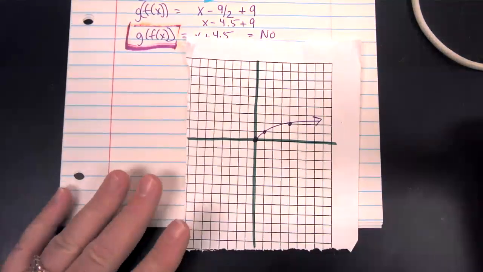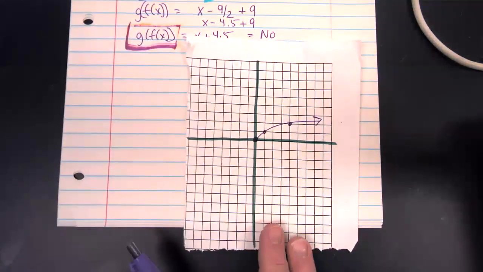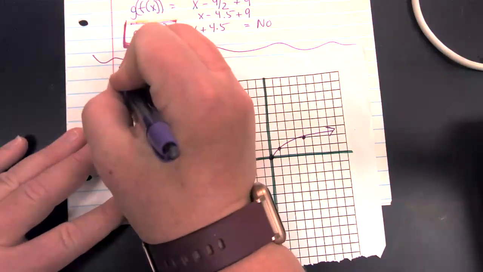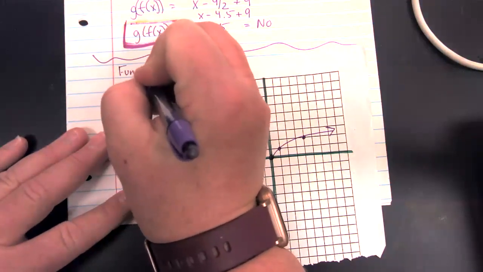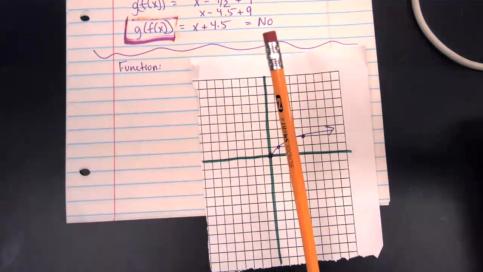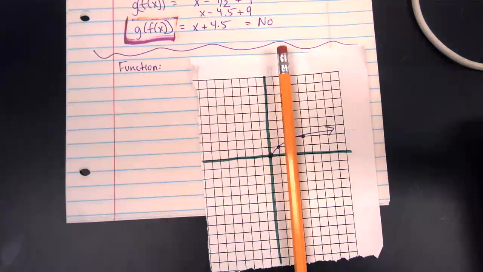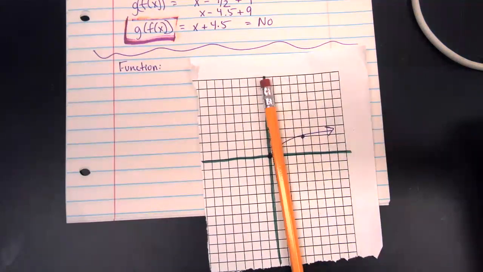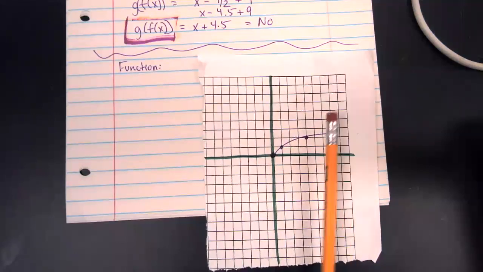Okay, is this a function? Okay, so my second part is, is it a function. Now remember, a function has one input to one output, but we also did something called the vertical line test. So is this a function? Why, yes, it is. This is totally a function.